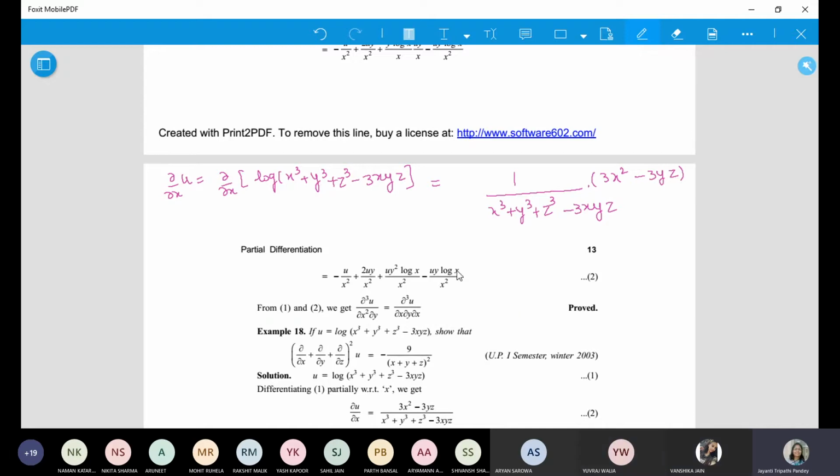Similarly, you find del u by del y and del u by del z. And from seeing this, since this is a symmetrical result, I can write it in one go.